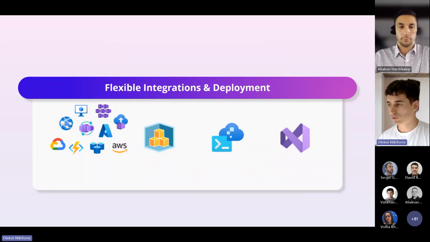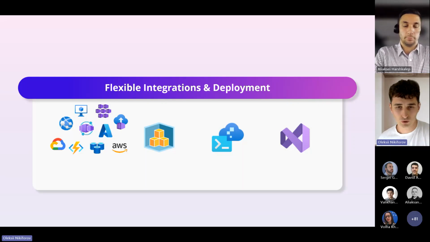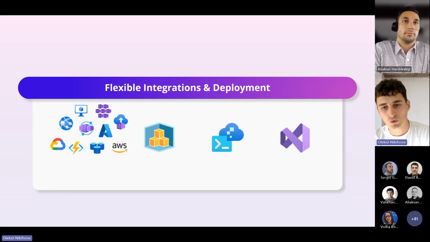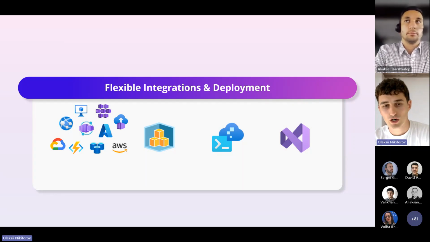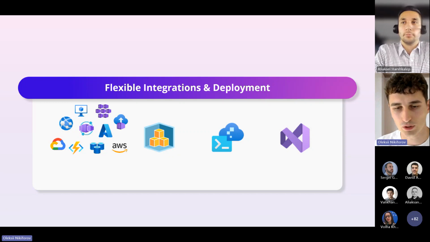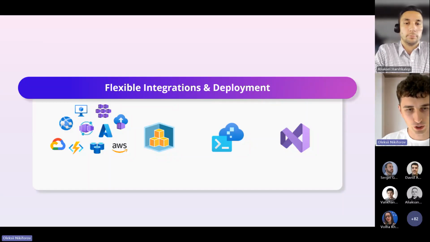For example, the AZD tool, maybe you have used it or seen it. It uses the Aspire Manifest to deploy your infrastructure based on one command. You just type azd up, and your infrastructure is deployed to the cloud, including the provisioning of Azure resources.